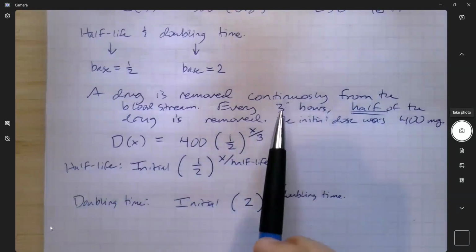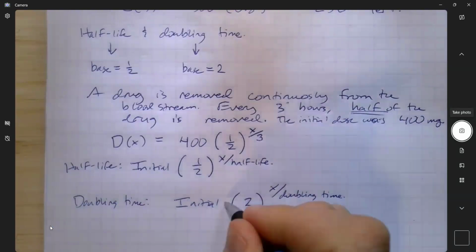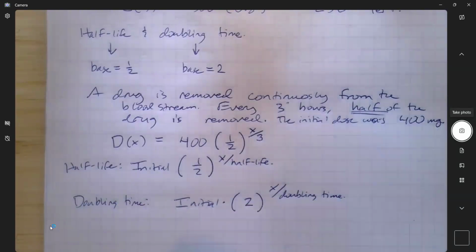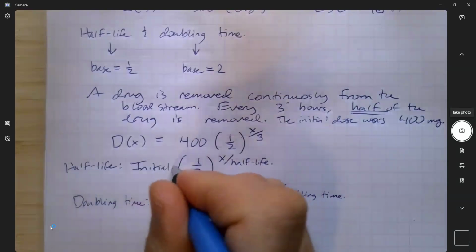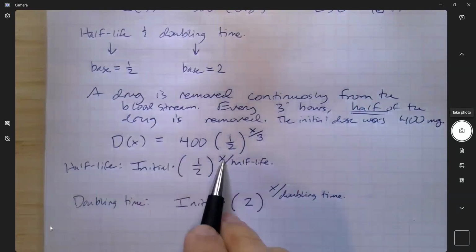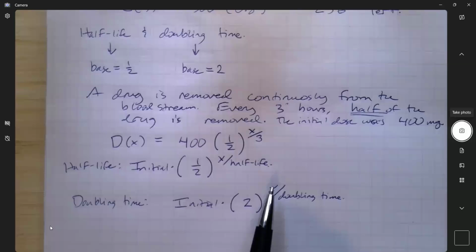They just tell you after how many time periods half is left. So the formula for half-life is the initial value times 1/2 raised to the x over the half-life. And the doubling time is the initial value times 2 raised to the x over the doubling time.